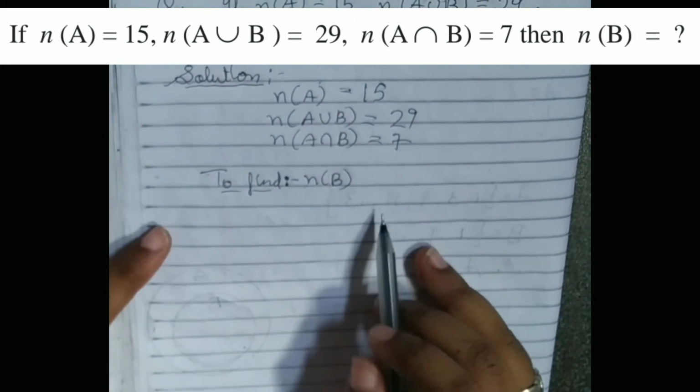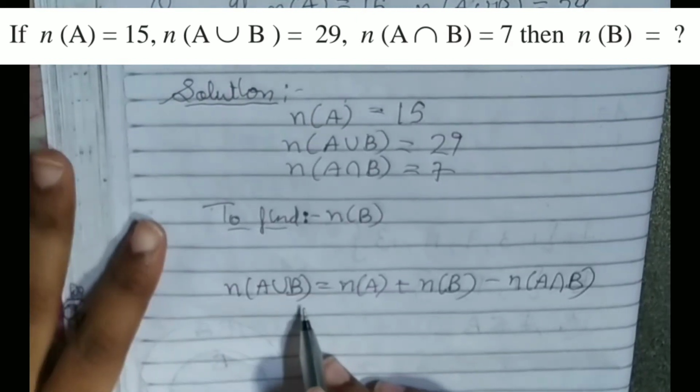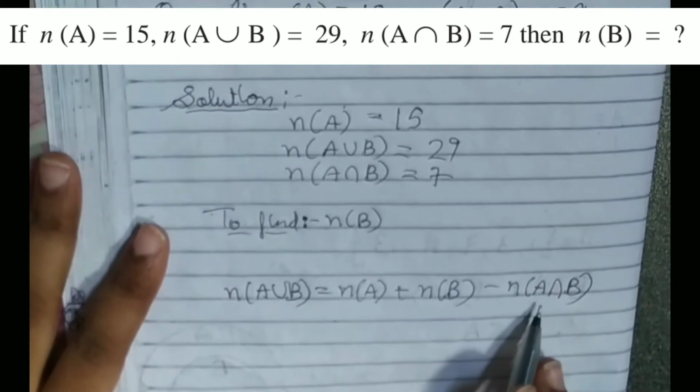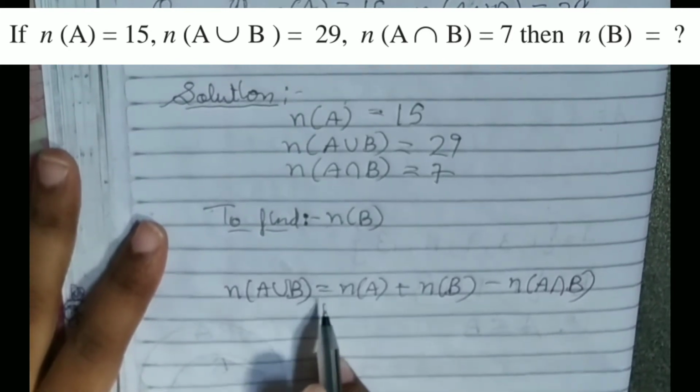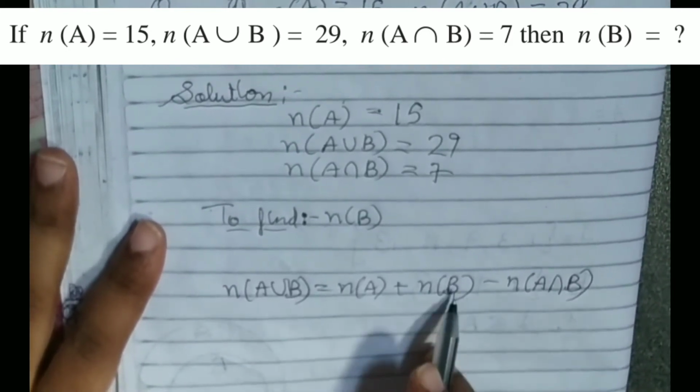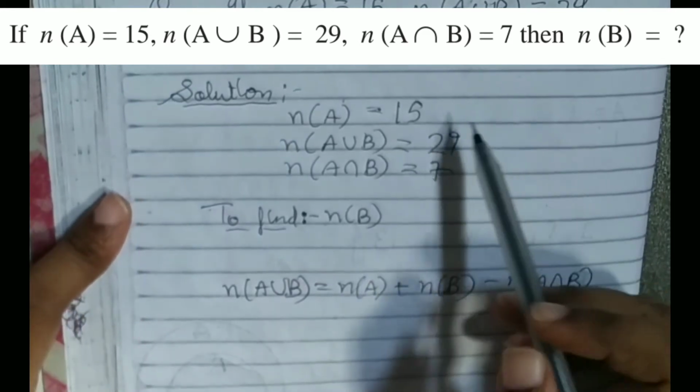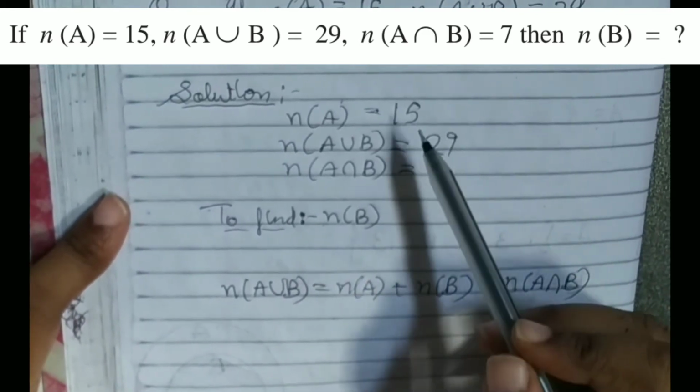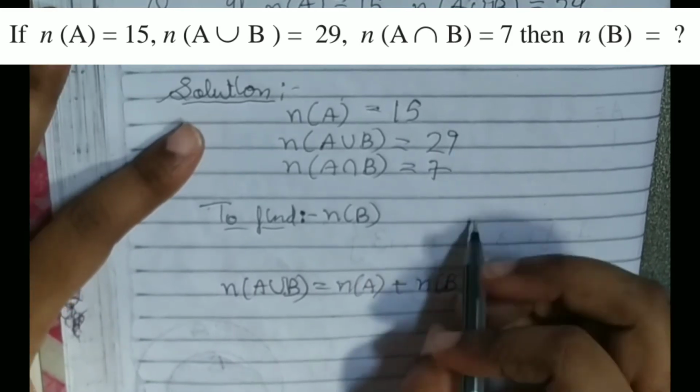Now what is our formula? We have written the formula which we have studied just now. Please remember this formula. It is a very important formula. Now we will substitute the values which are given.